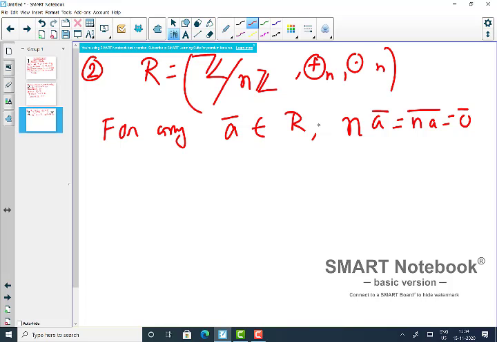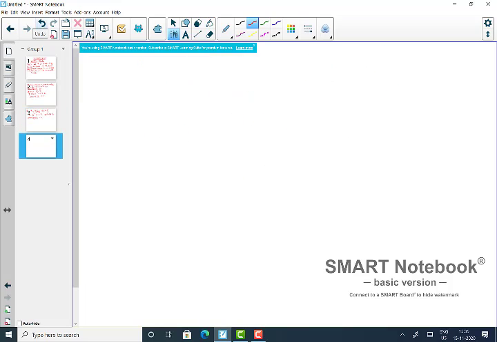I will define another way, then you will understand why n is the least positive integer. So the characteristic of Z mod nZ equals n.